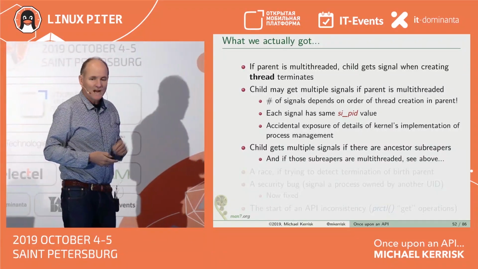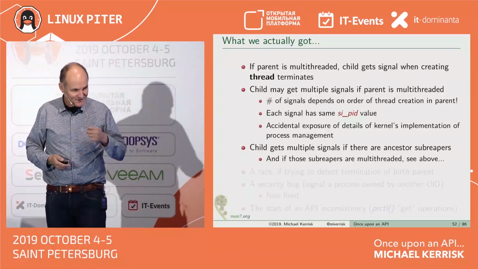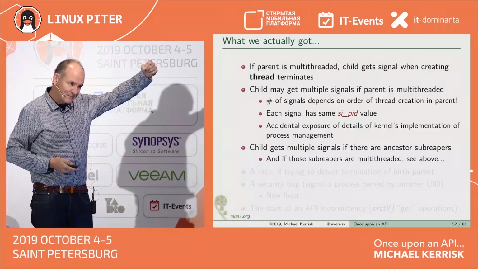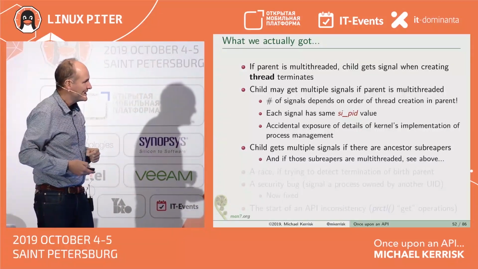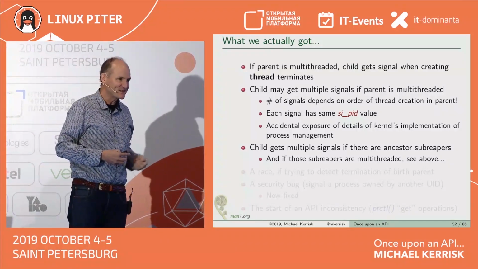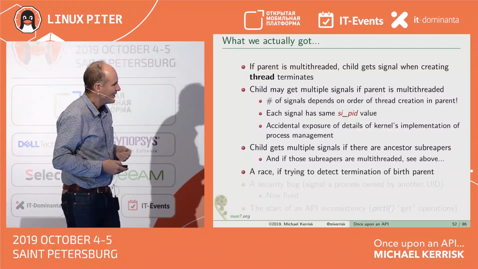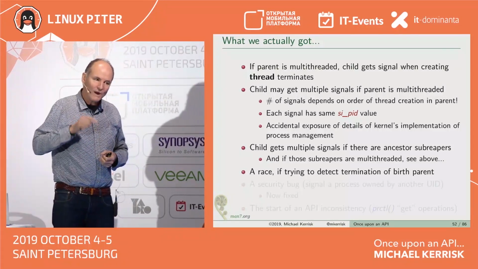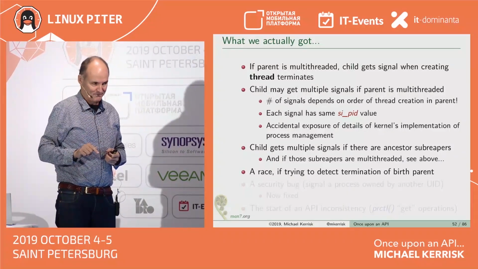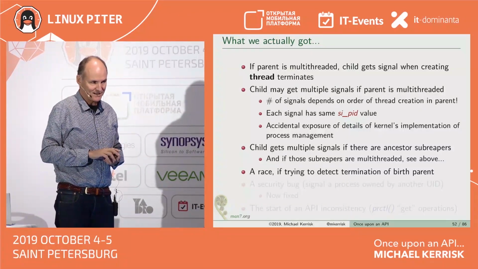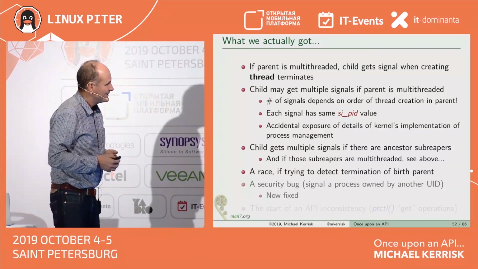And if there were ancestor sub-reapers, then the child's going to get potentially one signal for each ancestor sub-reaper that eventually terminates. And if those sub-reapers are multi-threaded, see above. Oh, and if the child process was trying to work out when its birth parent terminated, there's a difficult race condition here to solve.